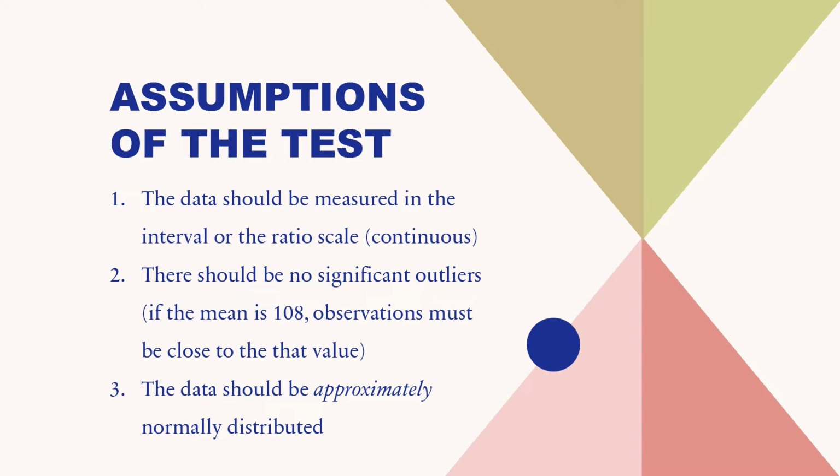Now, as a parametric test, we have a strict set of assumptions. Number one is that the data should be measured in the interval or ratio scale. So as long as it is a continuous variable, then we are safe to use z-test and t-test. But again, ideally, we would like and prefer that it's in the ratio scale. Okay.